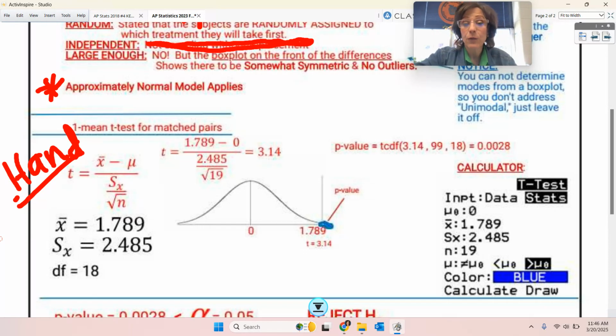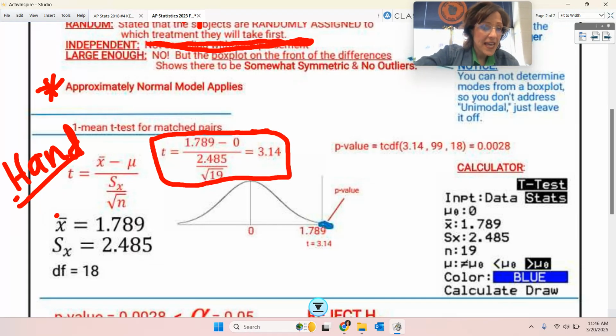There's the formula that we're using to get that t-score. But here it is filled in. See, they gave you this information, the average of the sample differences and the standard deviation of those sample differences. And then that null hypothesis was zero difference.